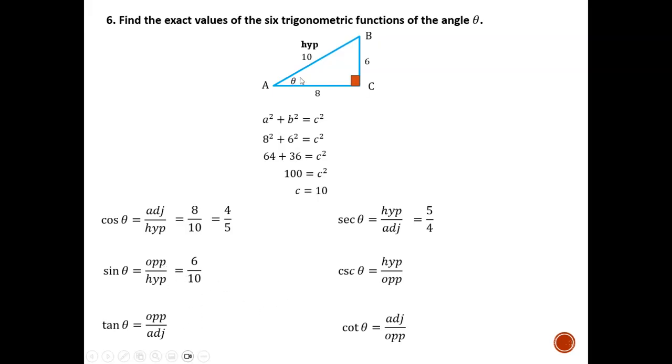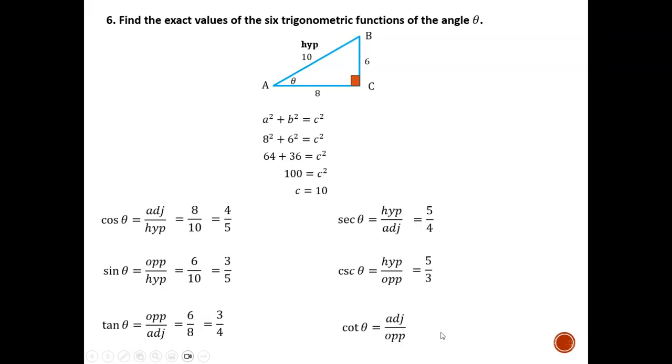Sine is opposite over hypotenuse, so that would be 6 over 10. Always reduce if possible, and that one does reduce to 3 over 5. Since cosecant is the reciprocal, we have the sine value. Now we just take its reciprocal or flip it, and we have cosecant, which is 5 over 3. Tangent is opposite over adjacent, so that's going to be 6 over 8.